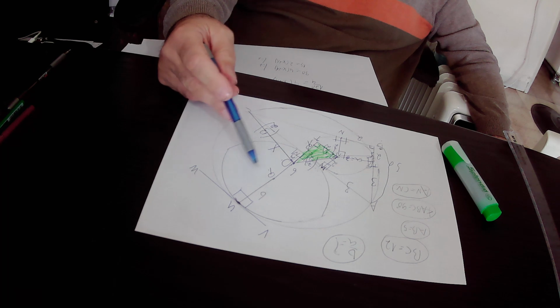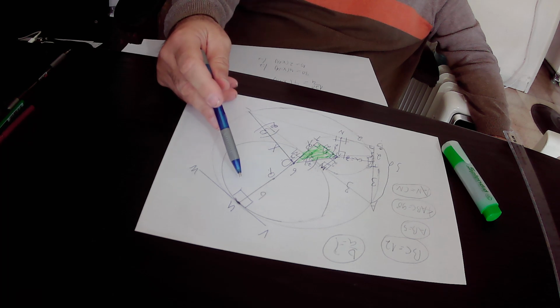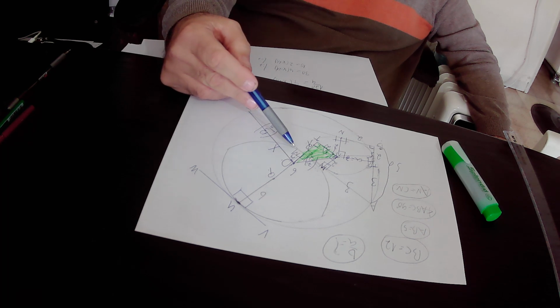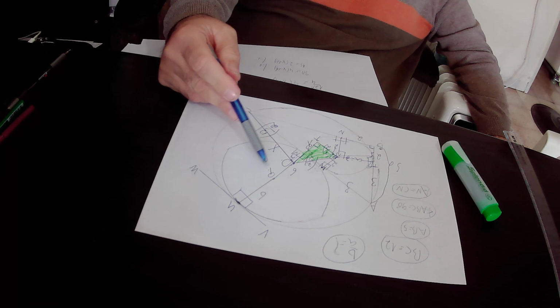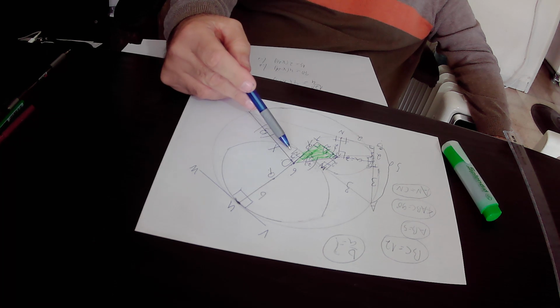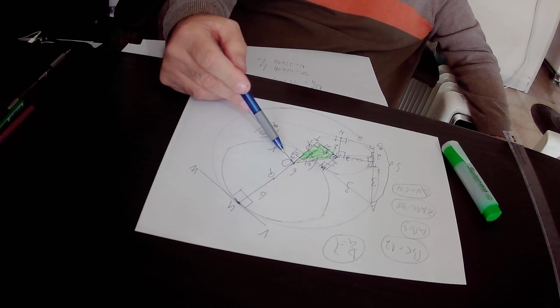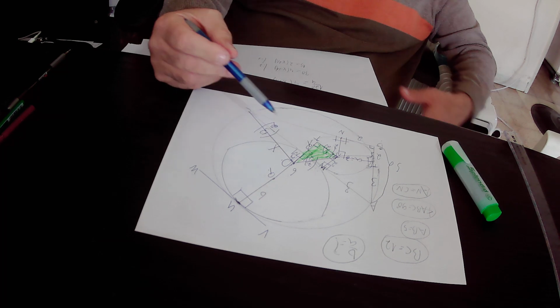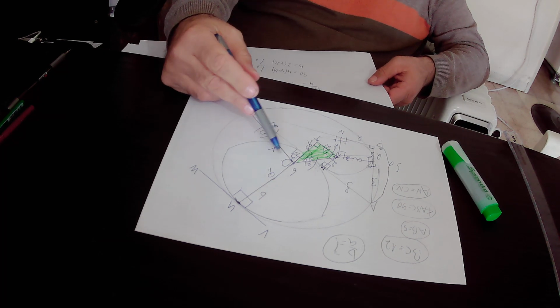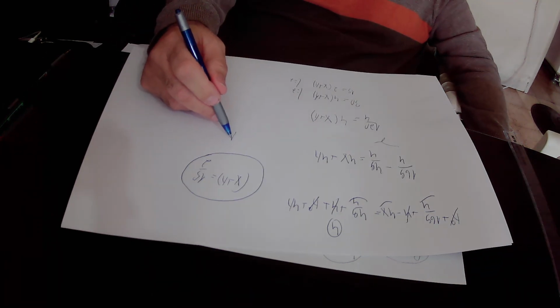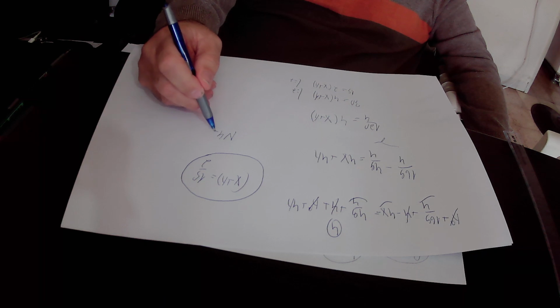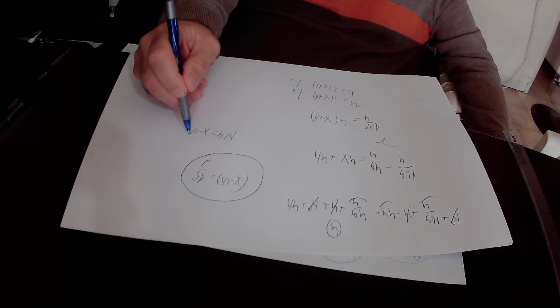Again, this line segment in total, NU equals NO plus OU. OU is x and ON is h, so in total NU equals x plus h.